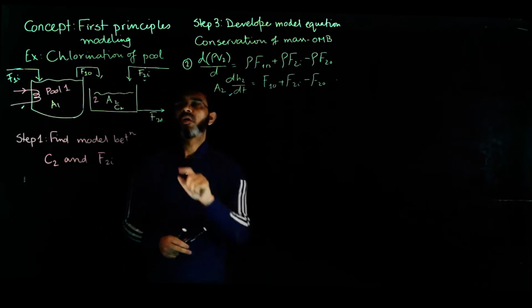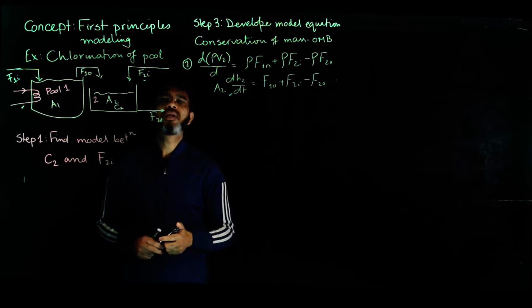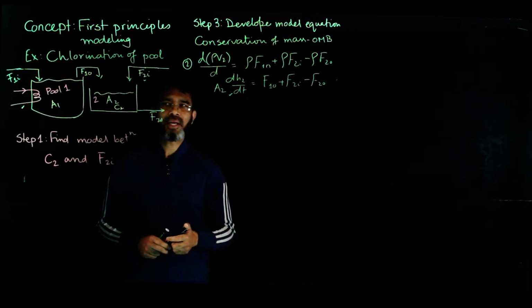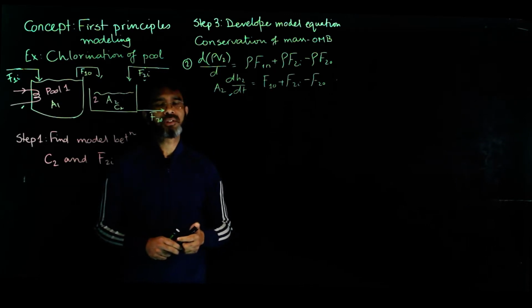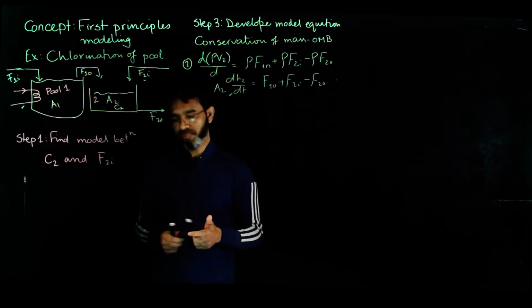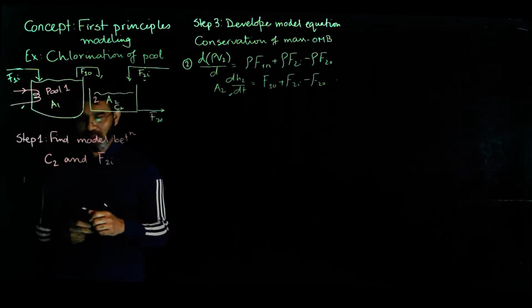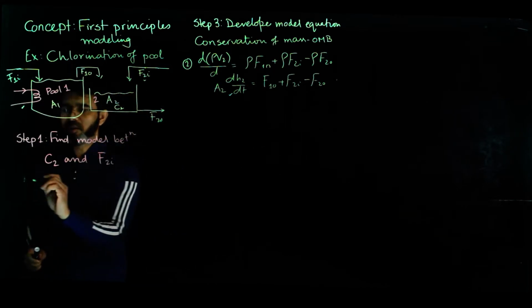Okay? So when we change this flow rate here, that will affect not only the level, it will also affect the concentration of chlorine. So we need to find that relation as well.